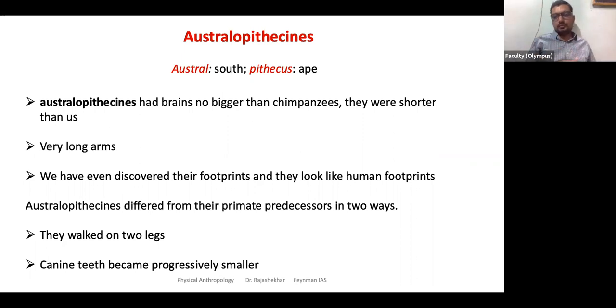Australopithecines were shorter compared to us. Shorter, brain size is as big as chimpanzees. And they still have long arms, like apes. We're talking about ape characteristics, right? Compared to humans, they still have long arms. So Australopithecines still are ape-like. They have long arms.